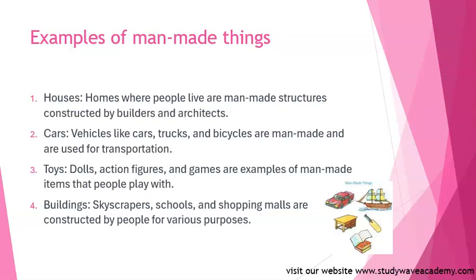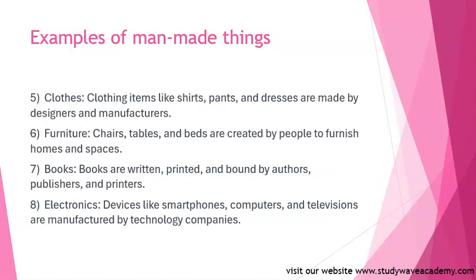Toys. Dolls, action figures, and games are examples of man-made items that people play with. Buildings. Skyscrapers, schools, and shopping malls are constructed by people for various purposes. All these are man-made things, right?